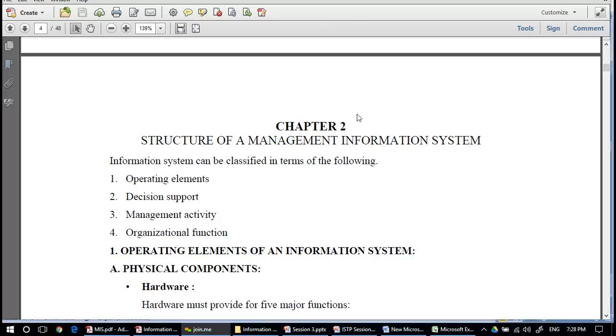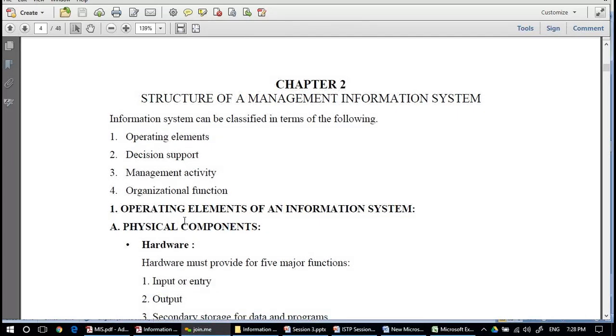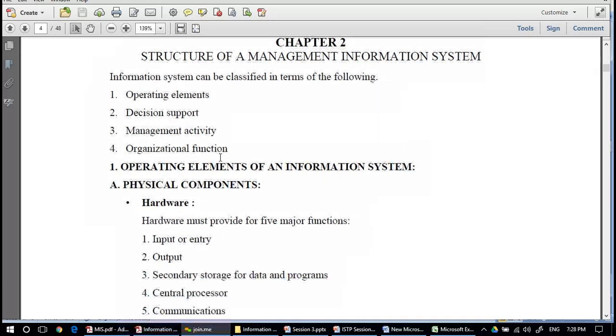Okay. So I continue with the important points about the structure of the management information system. If we talk about the operating elements of an information system, the structure of the information system is distinguished regarding the operating elements, which we will discuss.